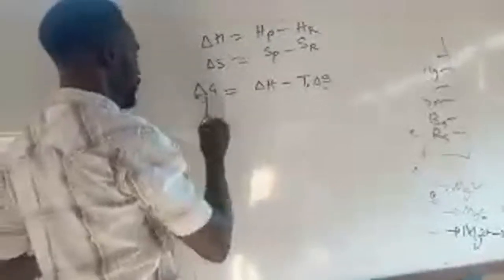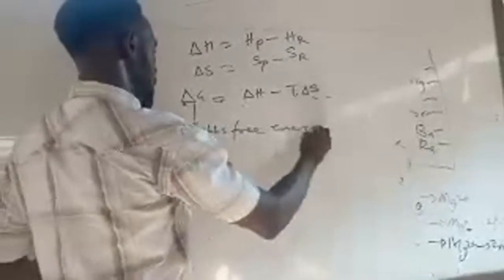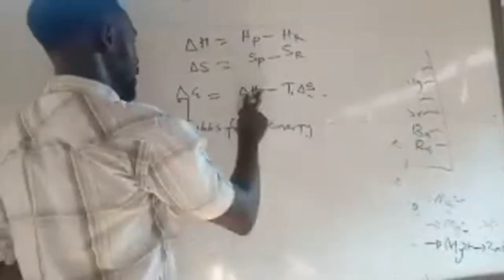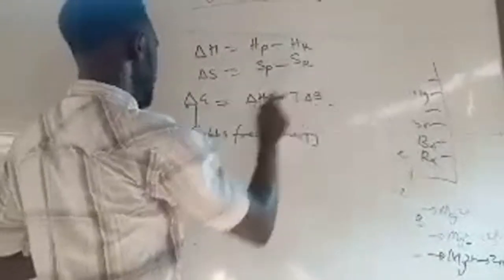So we can see, as far as thermodynamics is concerned, free energy is used to determine the spontaneity of a given reaction. Here is our Gibbs free energy. Then here is our heat change, as usual. Then T here is temperature in Kelvin.